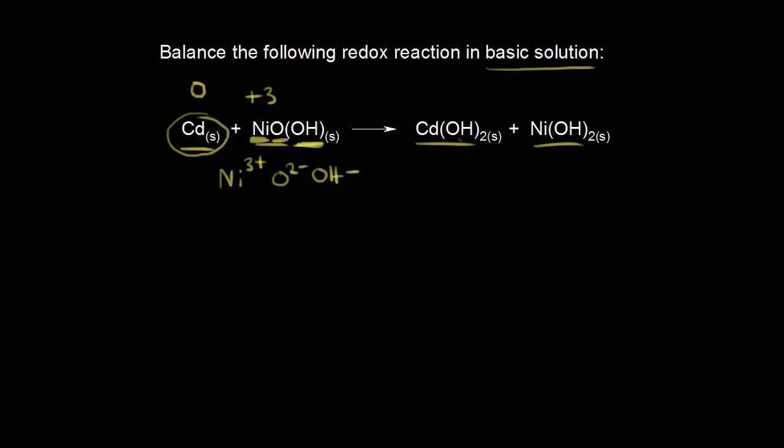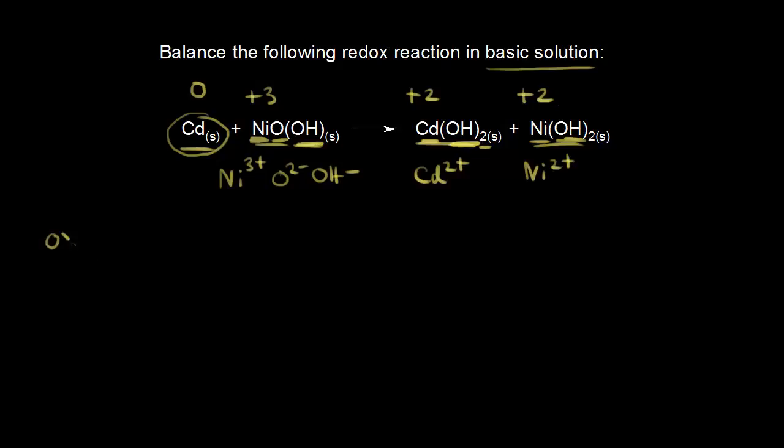For cadmium hydroxide, we know hydroxide is a -1 charge, and we have 2 of them, so this must be cadmium 2 plus ion, which has an oxidation state of +2. For nickel hydroxide, same thing. We have 2 hydroxides, so this must be nickel 2 plus, meaning the oxidation state is +2.